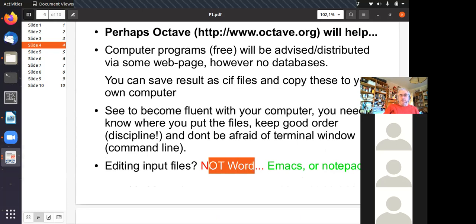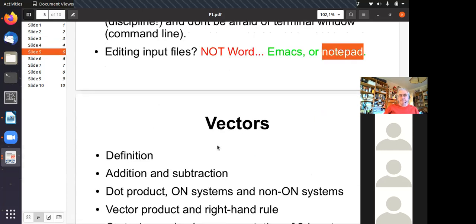A simple program available on Windows is Notepad, or there are other programs. My favorite editor is Emacs, but that is not available natively on Windows, though you can download it for Windows if you like. But Notepad is probably sufficient, or Write or something like that.